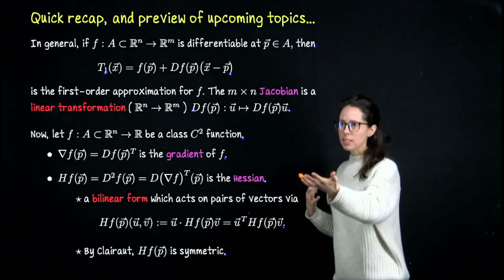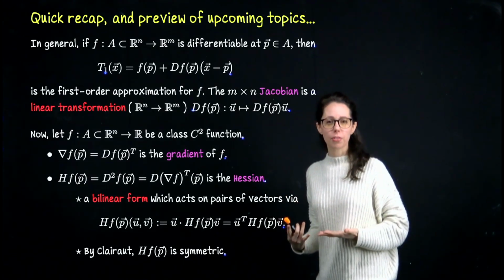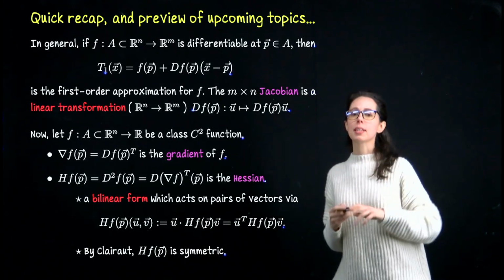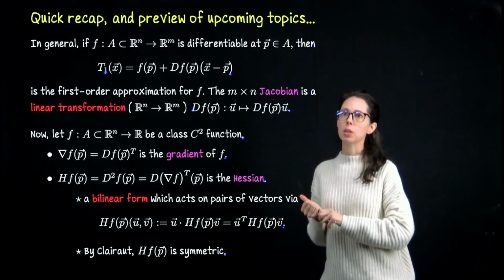I've said that this is the first order approximation given that f is differentiable. Let me now quickly write down what it means to say that f is differentiable at p in terms of T1.